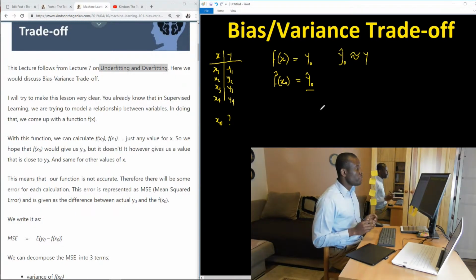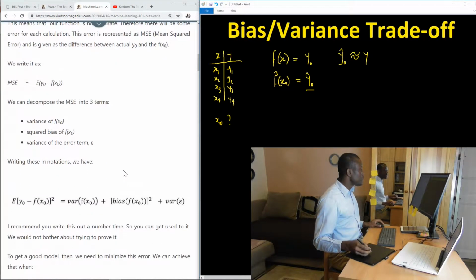So the bias variance trade-off focuses on the difference between the actual value and the value we estimated. And this difference is represented as MSE. This is called the mean squared error.